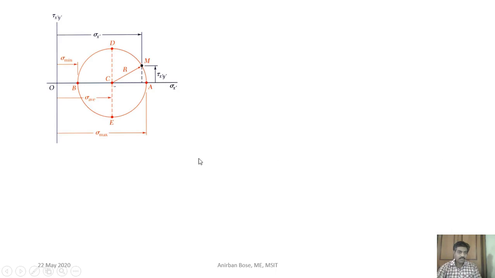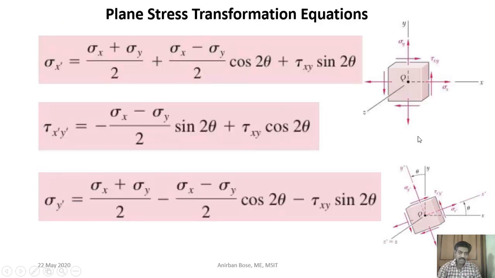Here is a graphical representation. It came from the fact that if you look very carefully at this particular set of equations, it is possible to remove cos 2 theta and sin 2 theta, or in other words, you can remove theta. This parameter theta can be removed by finding cos 2 theta from here and sin 2 theta from here, and by considering cos square plus sin square equal to 1.